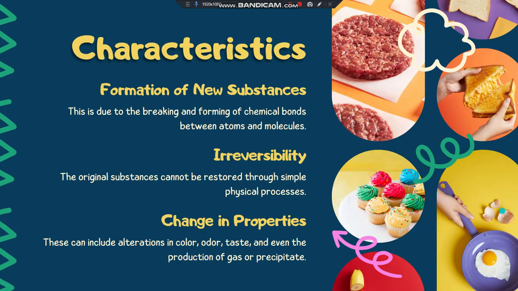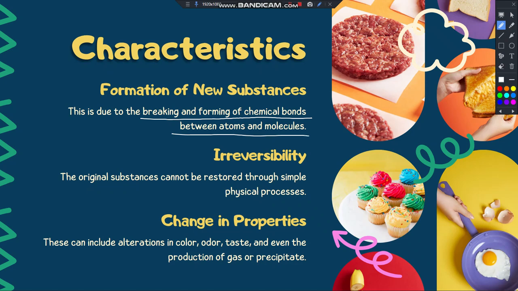Let's proceed. Here are some characteristics of the chemical change in matter. Characteristic number 1 is that new substances are formed. New substances are formed due to the breaking and forming of chemical bonds between atoms and molecules.